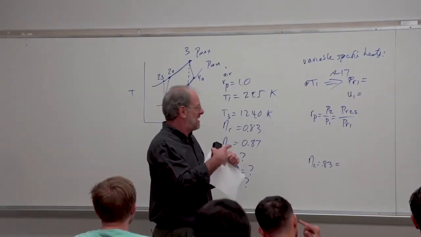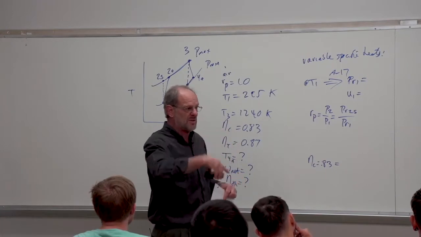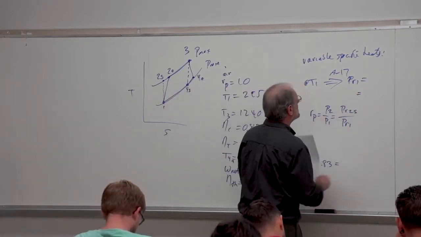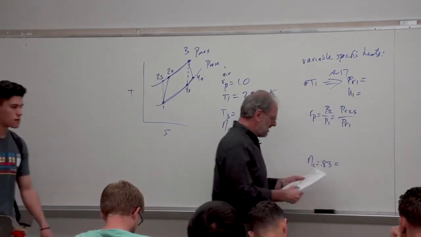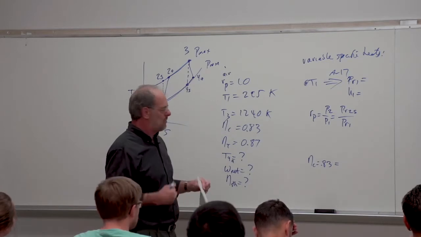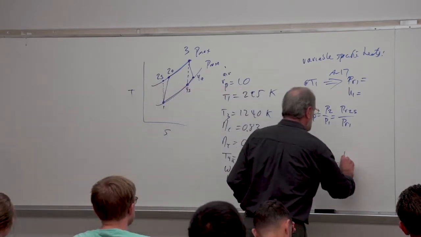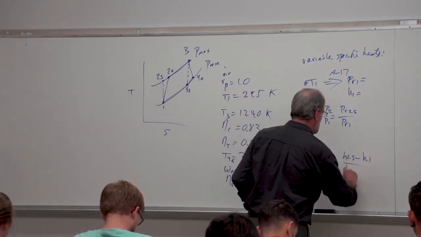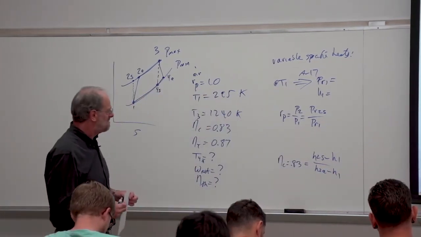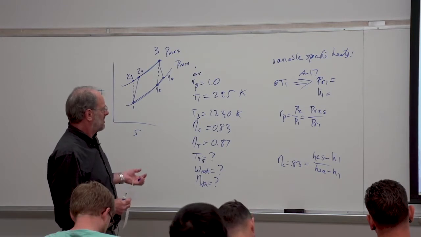But this is not, right? This is a steady flow series of devices. It's enthalpy data that comes from the first law. So please just get rid of the U1 and replace it with an H1. Anyway, ideal over actual work is going to be H2S minus H1 over the actual enthalpy at point 2, H2A minus H1. So we should be able to find that.